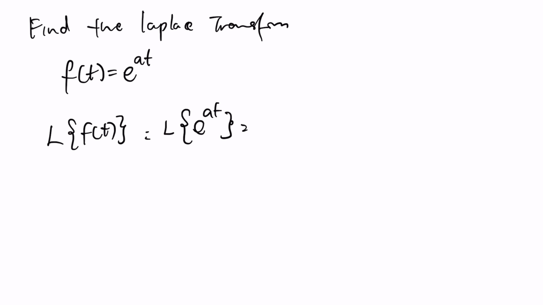So what you need to do first is integrate from 0 to infinity, and then we multiply by e to the negative st. Our f(t) is e^(at) dt.